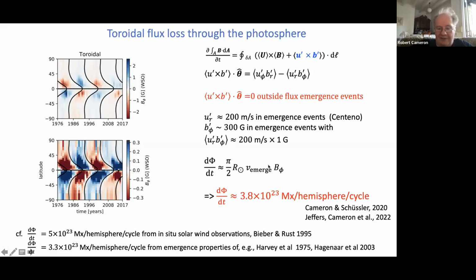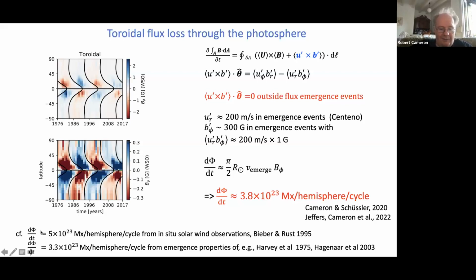It's just 1 Gauss times 200 meters per second times pi over 2 times the radius of the sun. This pi over 2 radius of the sun is just a geometric factor because we're integrating from 0 to the poles. And when we do this, we find the total amount of flux lost is about 3.8 times 10 to 23 Maxwells per cycle per hemisphere.